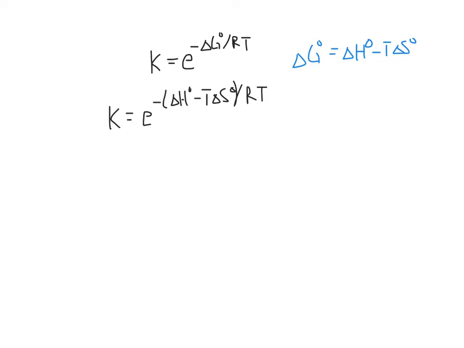So we can rearrange these terms in the exponential a little bit, and we end up with K is equal to e to the minus delta H naught divided by RT times e to the delta S naught divided by R. To do this, I've taken advantage of the fact that the exponential of one term plus another term is equal to the exponential of the first term times the exponential of the second term.